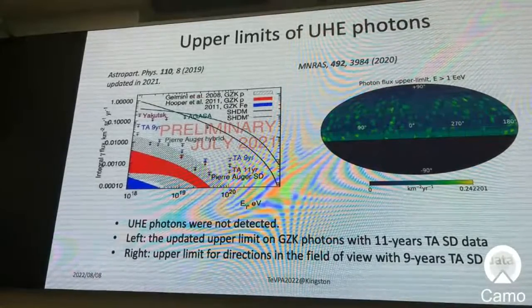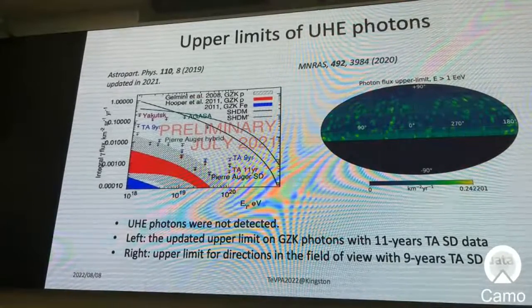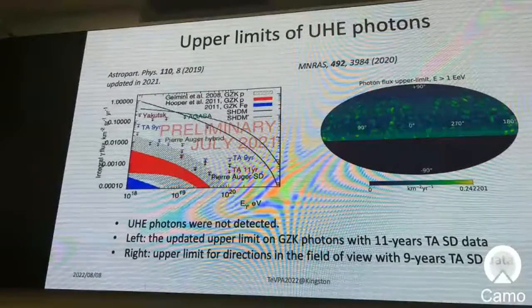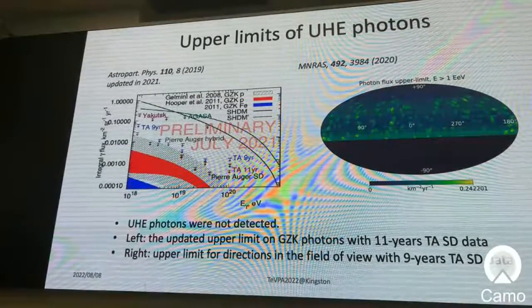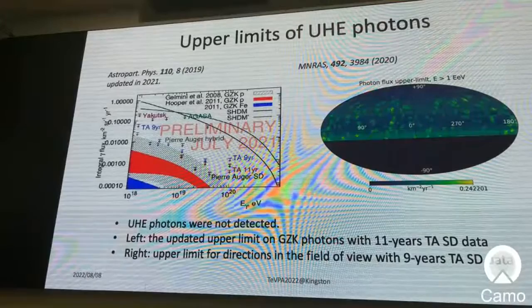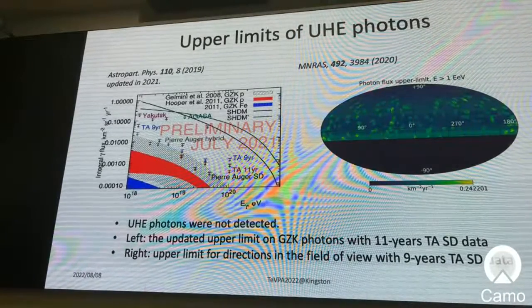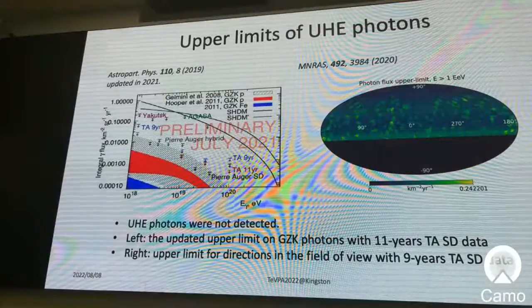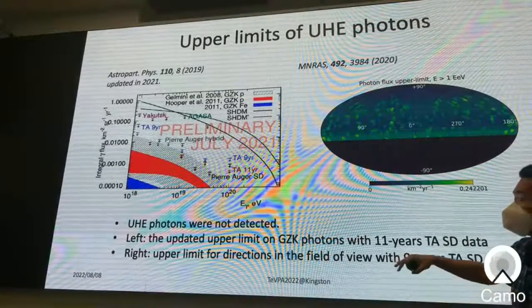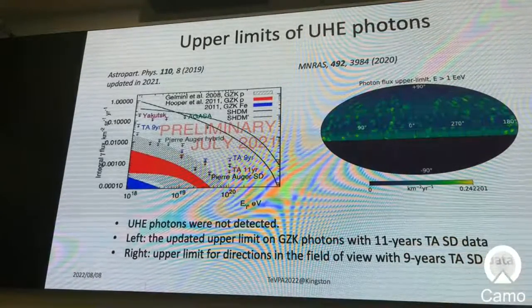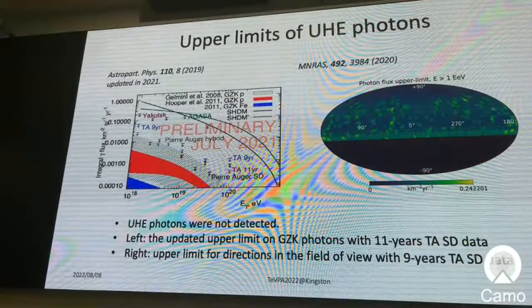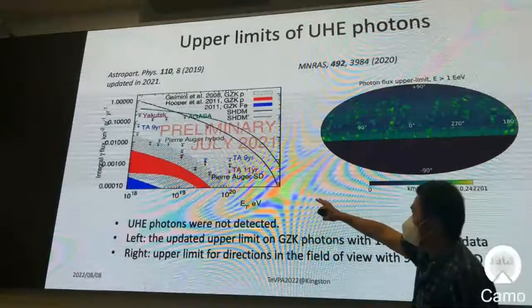And also, using a similar analysis to the composition using TASD, ultra high energy photons are also searched, but actually UHE photons were not detected so far. So we keep updating the upper limit of UHE photons. And this is the updated upper limit here.